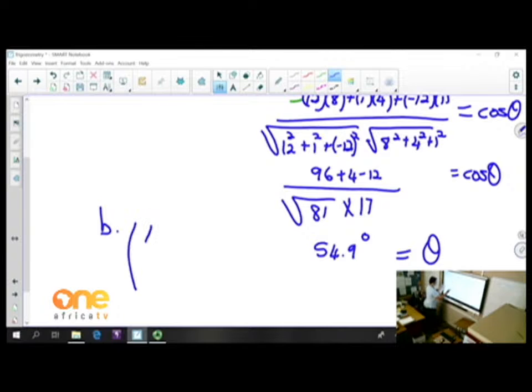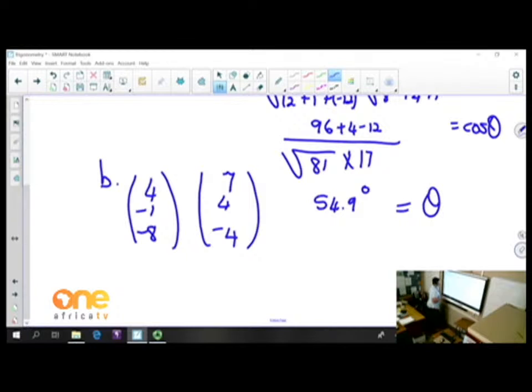This one says 4, negative 1, negative 8, and the second column vector is 7, 4, negative 4. Okay, so the formula that we're going to use is A dot B is magnitude A, magnitude B, cosine theta.